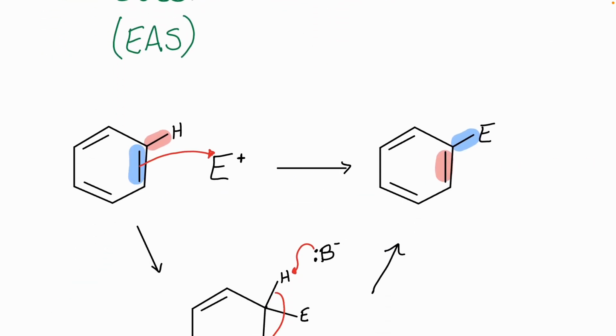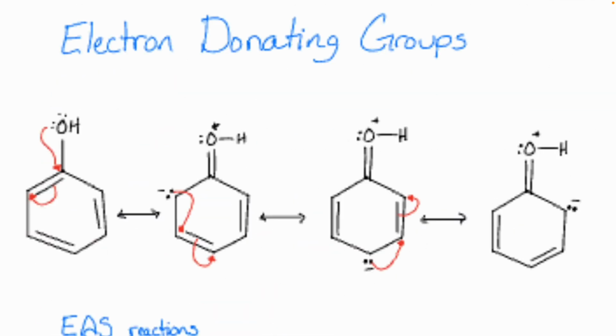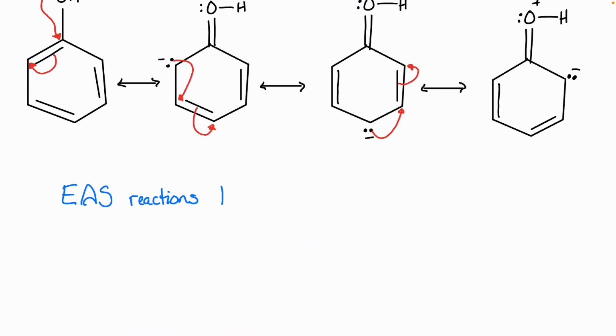What's playing the role of the nucleophile? Benzene or the other thing? Benzene. Benzene's the nucleophile in our reaction. So in our EAS reactions, benzene is the nucleophile. And a good nucleophile is what? Electron rich or electron poor?